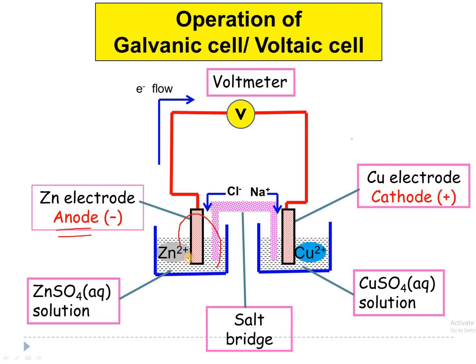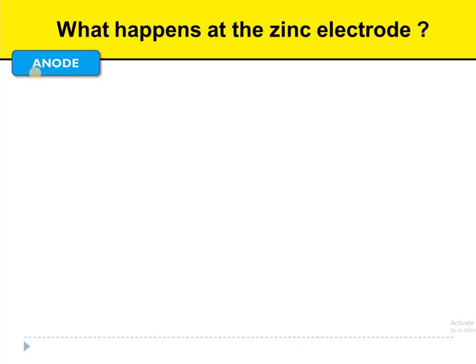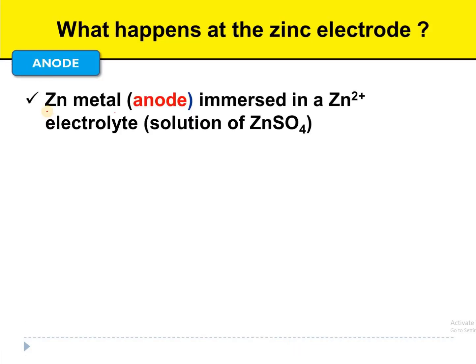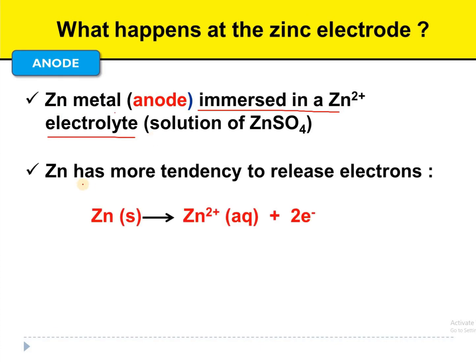So what happens at the anode and at the cathode? First, we look at the anode side. At the anode, zinc metal is immersed in a zinc 2+ ion electrolyte, for example zinc sulfate solution. At the anode, zinc has more tendency to release electrons. Students can see the half reaction: zinc solid becomes zinc 2+, losing 2 electrons.